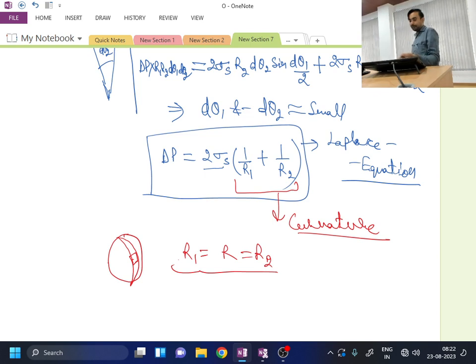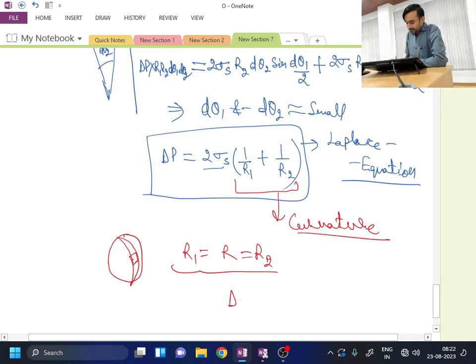So R1 and R2 will be the same. So delta P will become 1 by R plus 1 by R, which is 2 by R. So 2 by R makes it 4 sigma S by R. Is it correct? It should be 2 sigma S by R.